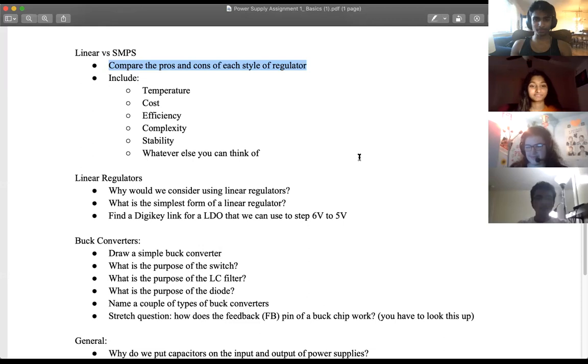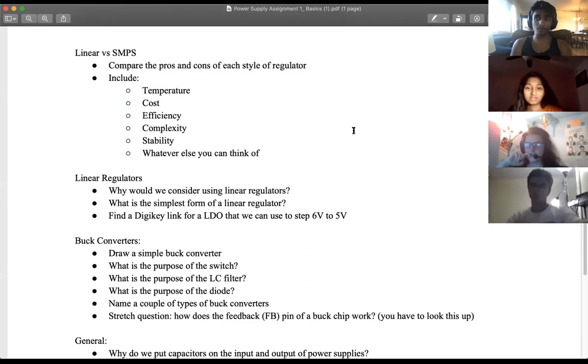Sure. So a linear supply, basically it's low noise since there's no switching on and off, unlike the switch mode, which also has an inductor, which means that it's high noise. And then the linear supply is also lower efficiency since everything you're not using is thrown away, I guess.